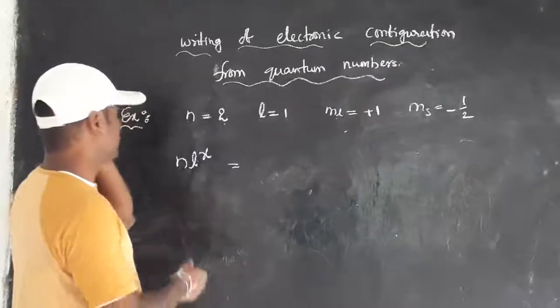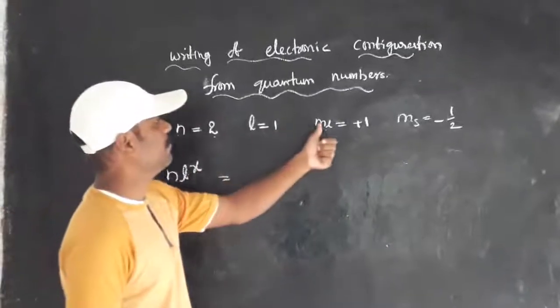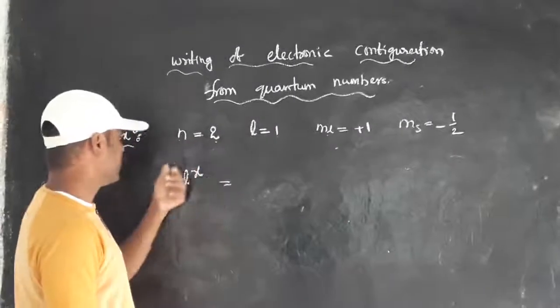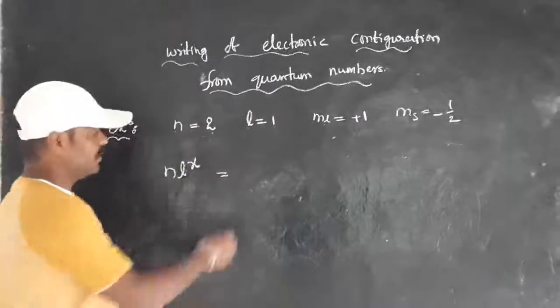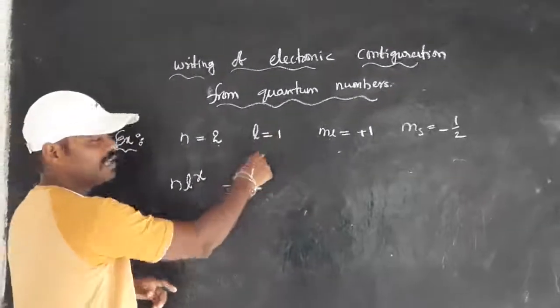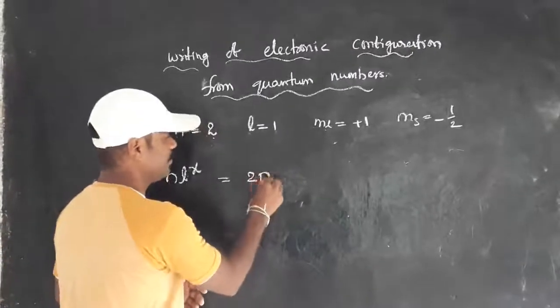We have to take one more example. Here n value is 2, l value is 1, ml value is plus 1, and ms value is minus half. For that we again use the NLX method. In that, take n value directly as 2. Then l value 1 means the angular quantum number indicates this is a p orbital, right?